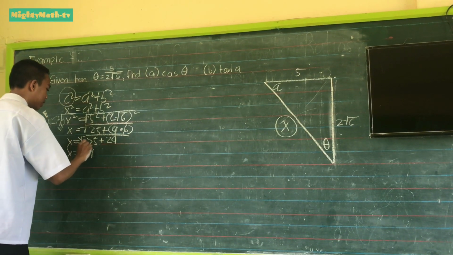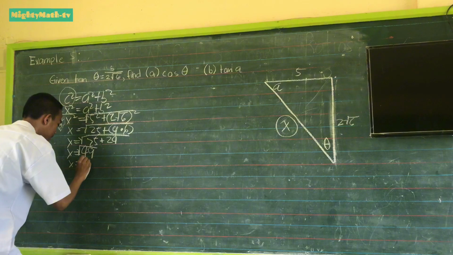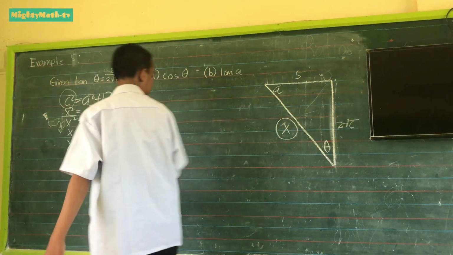The square root of 49 is 7. So our x is equal to 7.